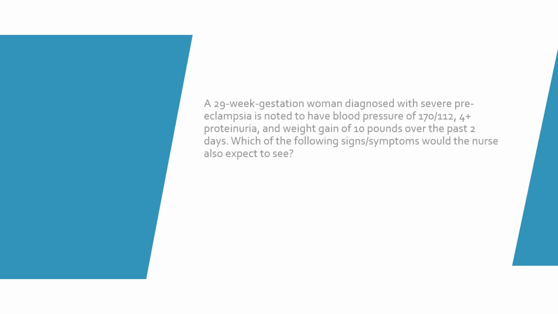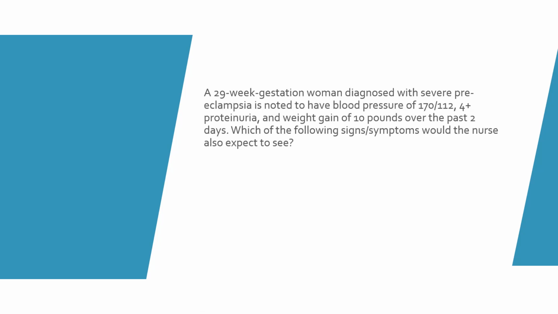Here's our next question. A 29-week gestation woman diagnosed with severe preeclampsia is noted to have blood pressure of 170/112, 4+ proteinuria, and weight gain of 10 pounds over the past 2 days.